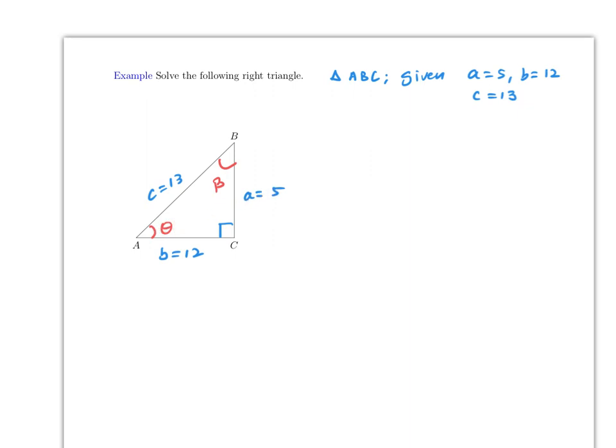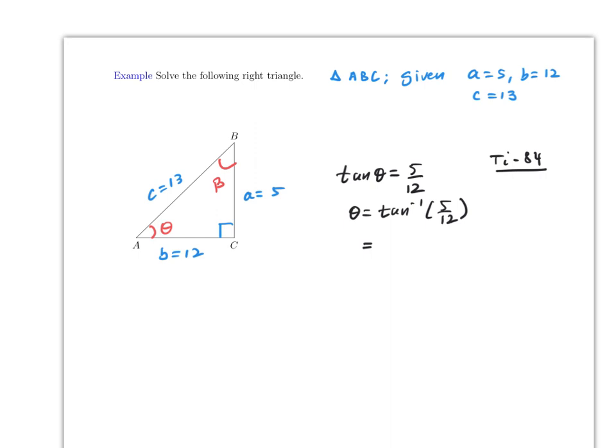So again, you can use tangent or you can use sine. So let's use tangent. So tangent of theta by definition, remember, is the opposite over the adjacent. So this should be 5 over 12. So then theta is going to be now tangent inverse of 5 over 12. And for this, you need the calculator. In the calculator, you have a TI 84.